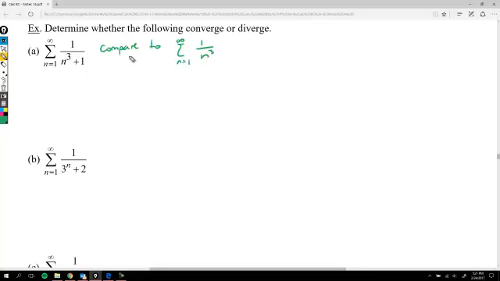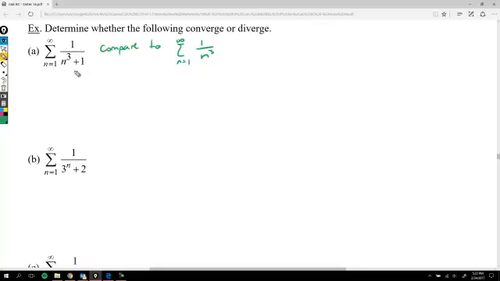Now I'm comparing this to this. Because we're working with fractions here and I'm adding one to my denominator, that means that every term of my function here is going to be bigger than every term here. If you get confused about that, just plug in some numbers.